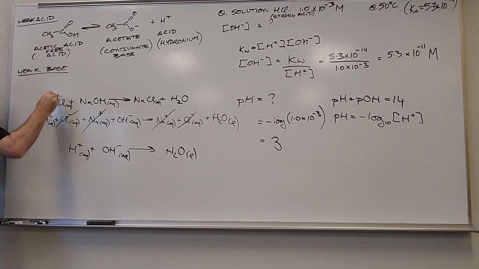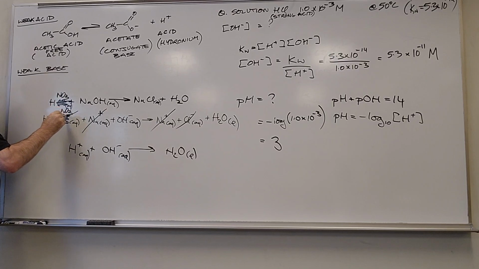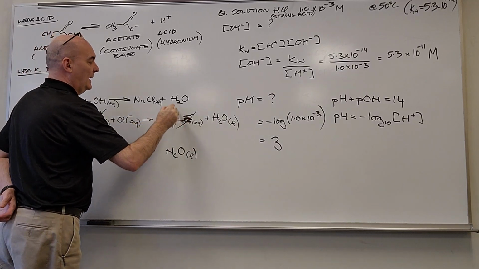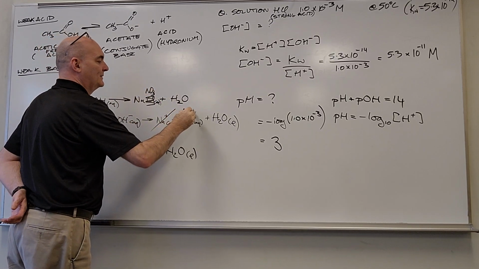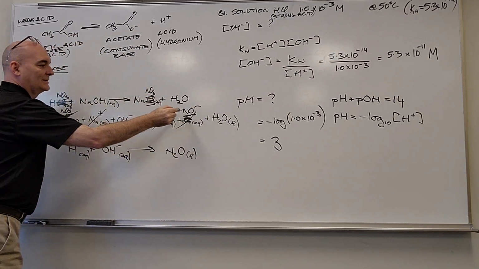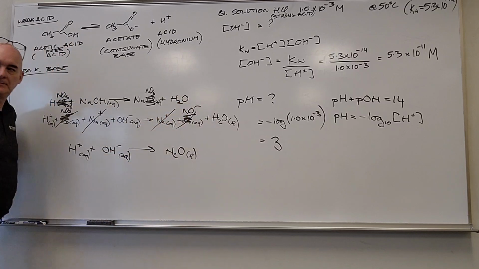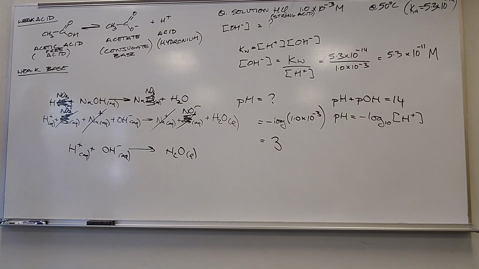If I'd switched this out for nitric acid, then those chlorides would be nitrates, and I wouldn't have made sodium chloride, I would have made sodium nitrate. It still wouldn't matter because it never shows up in the net ionic equation. The net ionic equation tells you that's the acid. This is acid. More than that.